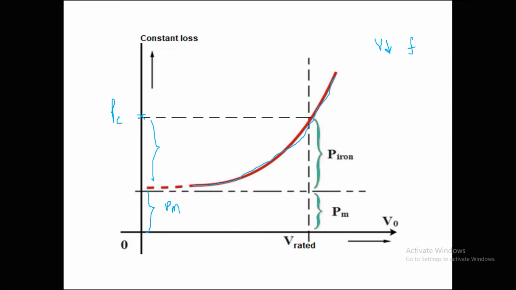Because of that, we are concentrating on the reduced voltage and frequency. So after finding the relation with supply voltage and frequency, by conducting experiments with reduced voltage, we plot those readings, and it gives a parabolic pattern, and after the intersection of that parabolic curve with the y-axis, we separate the no load losses as mechanical and iron losses.